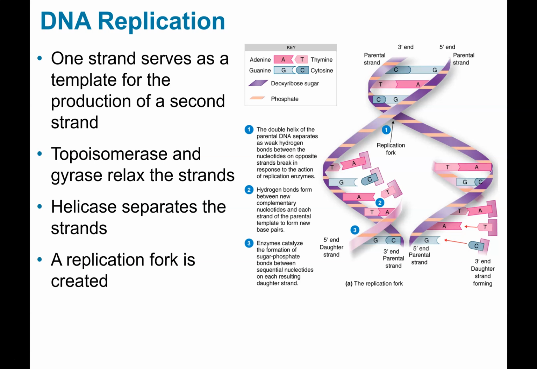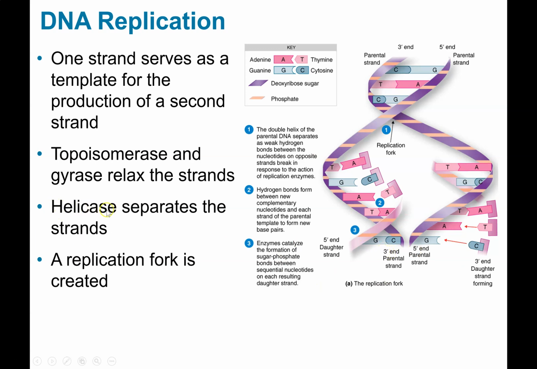Well, the DNA is highly coiled and compacted. So first thing that has to happen is there's a bunch of enzymes that have to come in and help relax the DNA. So there's a couple here, topoisomerase and gyrase, that are relaxing the strands here to allow the DNA to kind of get opened up a little bit to allow the replication process to occur.